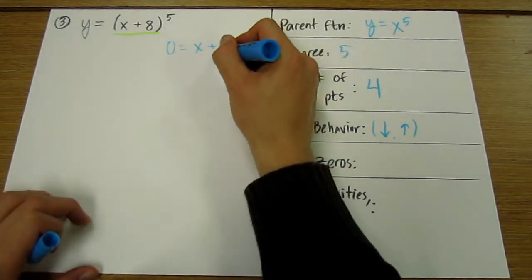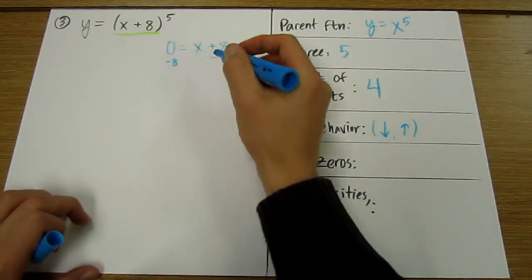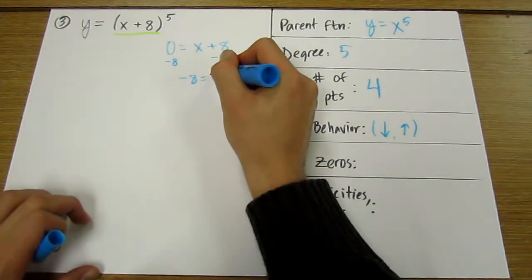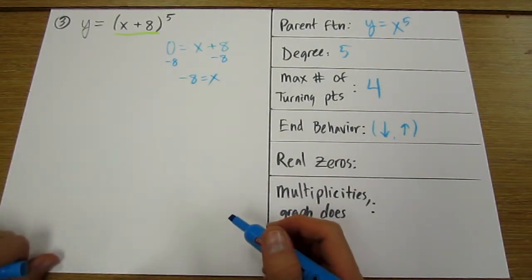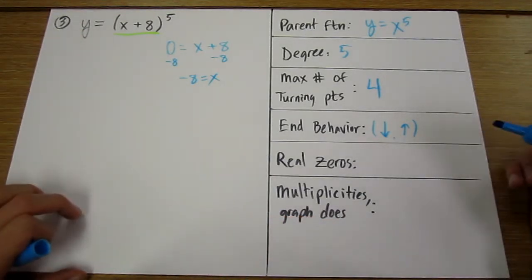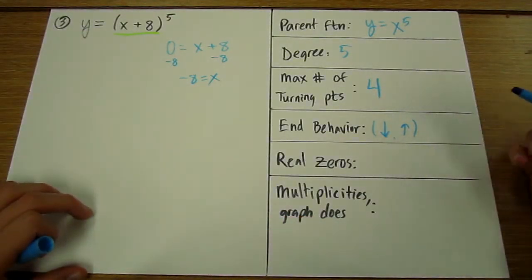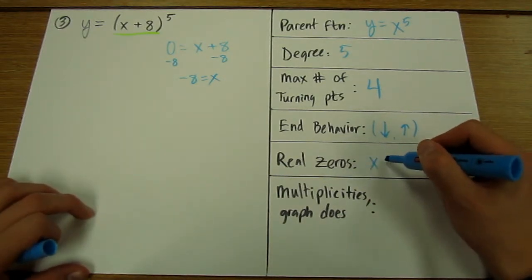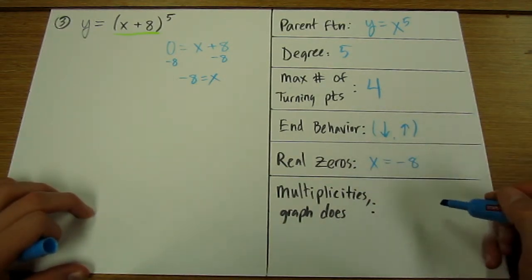And we have to solve for x, so we're going to subtract 8, subtract 8. So negative 8 equals x, and that is a real zero for this polynomial. That means that is where we are either going to touch or cross our x-axis. So real zero is x equals negative 8.